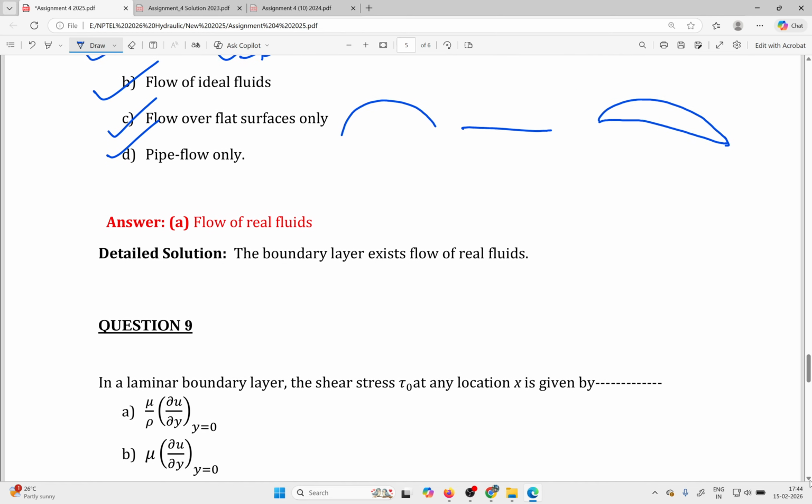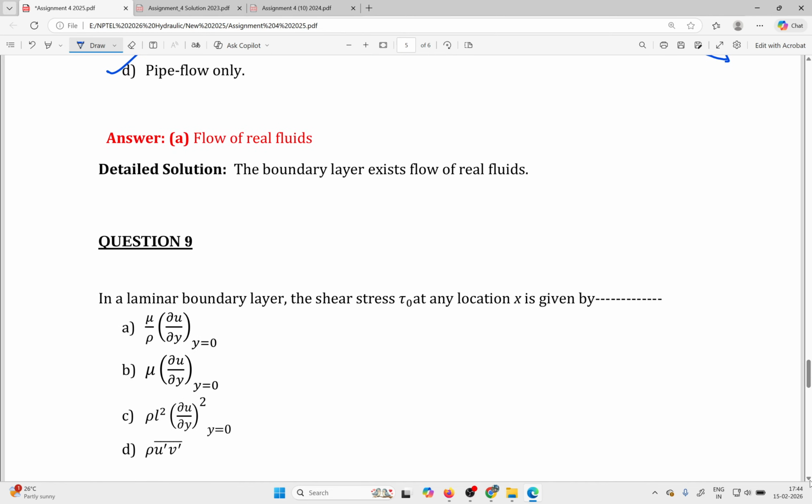Next question is very simple. In laminar boundary layer, remember please, the shear stress tau naught at any location x is given by which option?